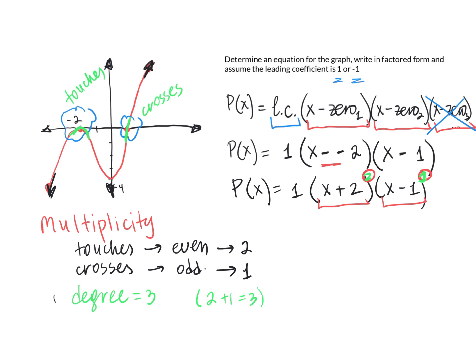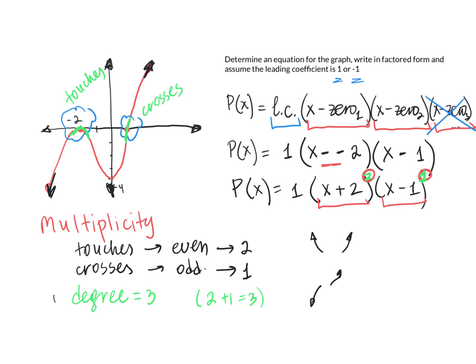Going back to the end behavior, when I was deciding on the leading coefficient being positive or negative, I said that leading coefficient can be positive in 2 cases. If the end behavior looks like this, or if the end behavior looks like this, which is our case.